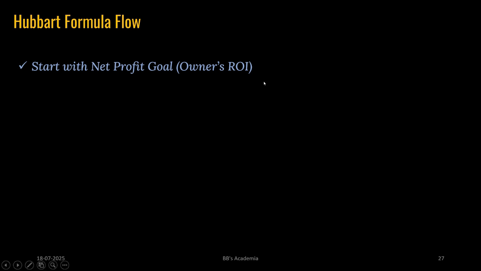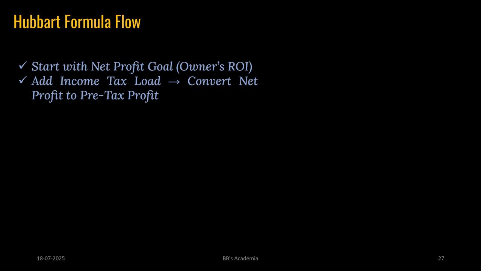Now let us check the Hubbart formula stage wise, what is to be done. During your final exam, sometimes the question comes and you have to act accordingly. First, start with the net profit goal. That means the owner's return on investment. That's what we did in our first step. Add income tax load. Convert that net profit to pre-tax profit.